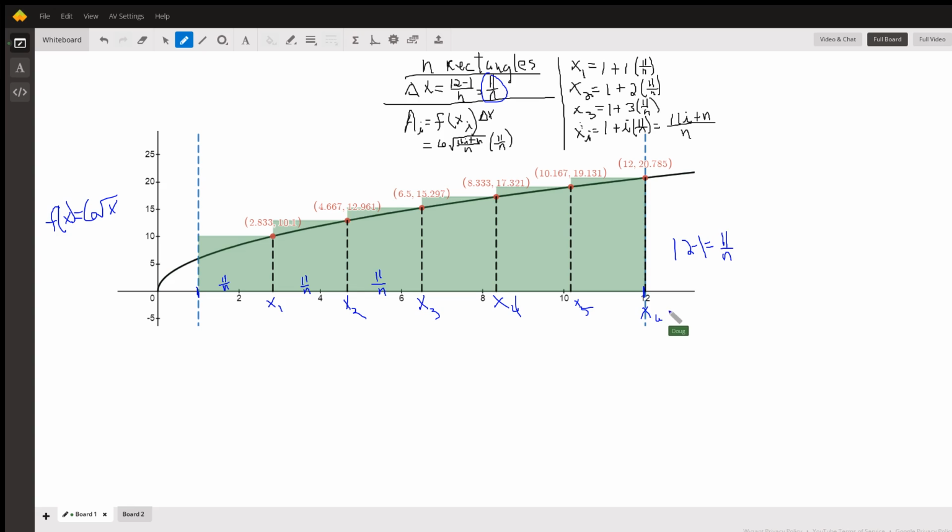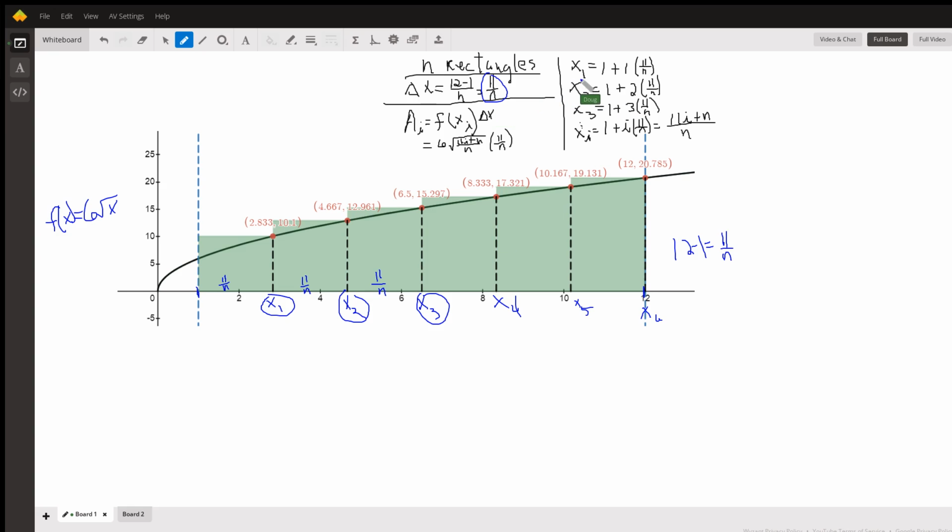Of course, if we had n rectangles, we'd be going to x sub n. Okay, and what we want to do is come up with some kind of algebraic expression for each of these right-hand endpoints.